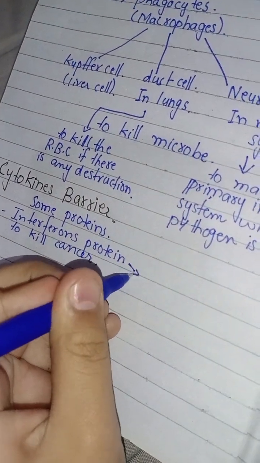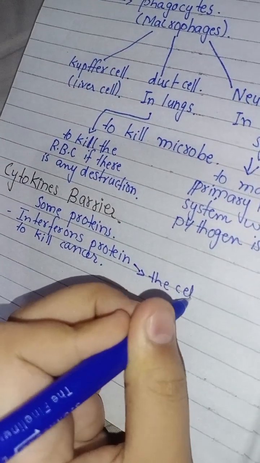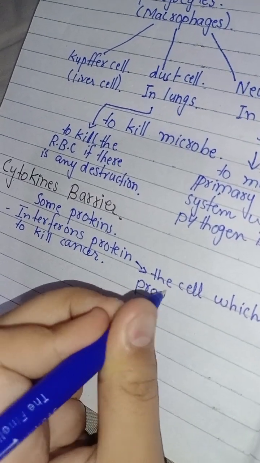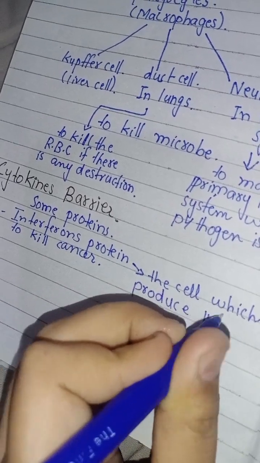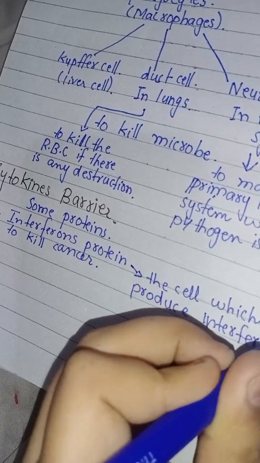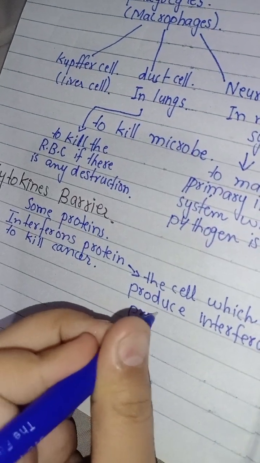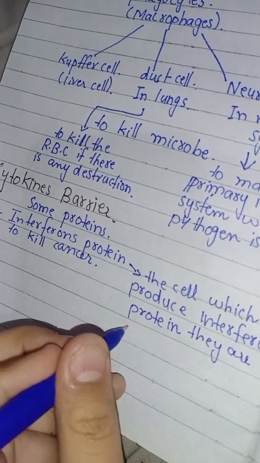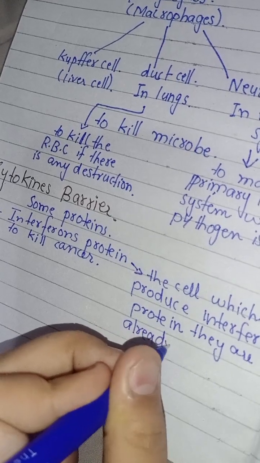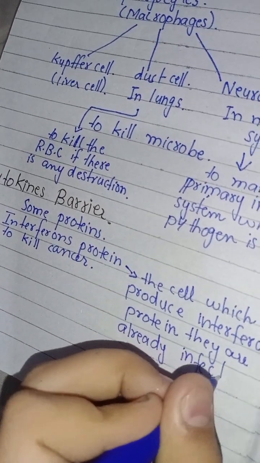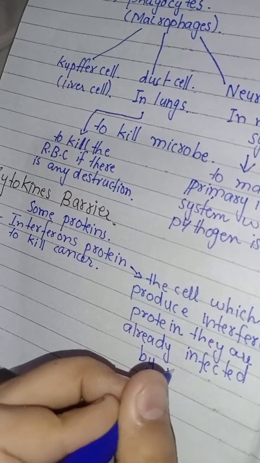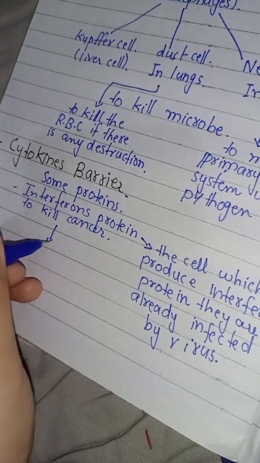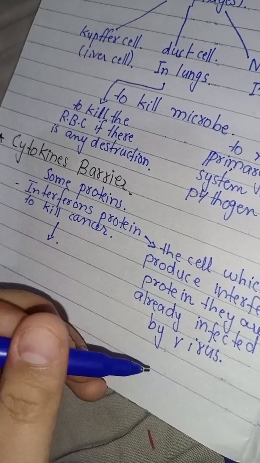Okay, let me write: the cells which produce interferon protein are already infected by virus. Interferon protein protects the surrounding cells of the infected cell.